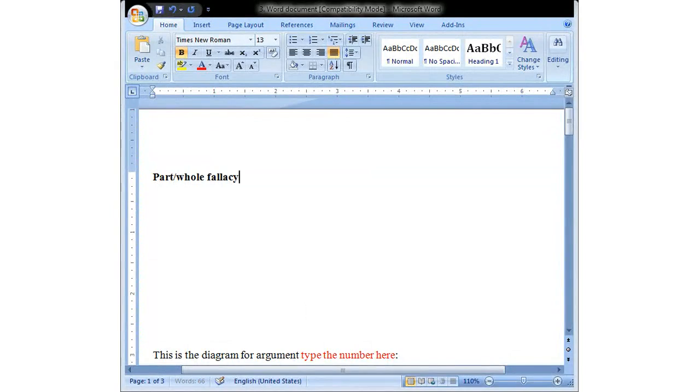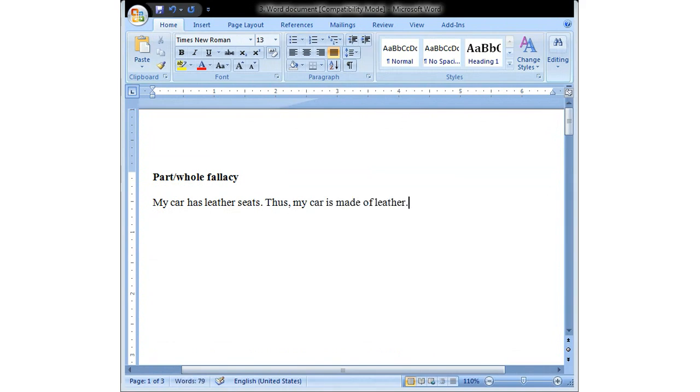Part-whole fallacy. My car has leather seats. Thus, my car is made of leather. Leather seats are a part of a whole, not the whole.